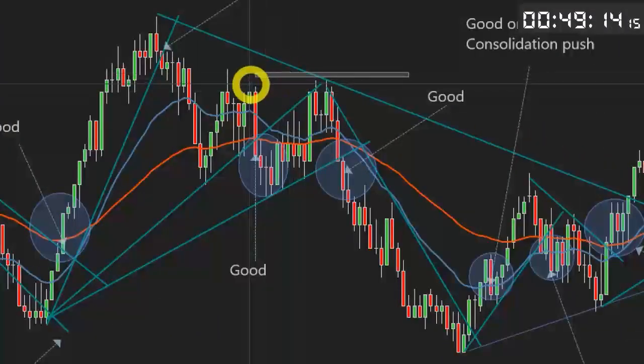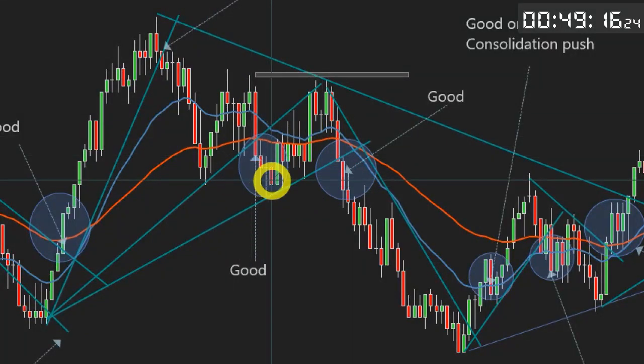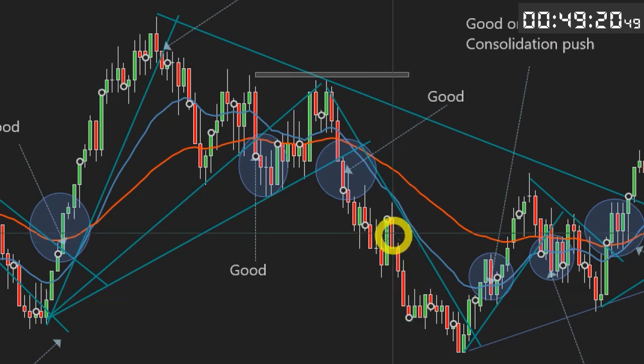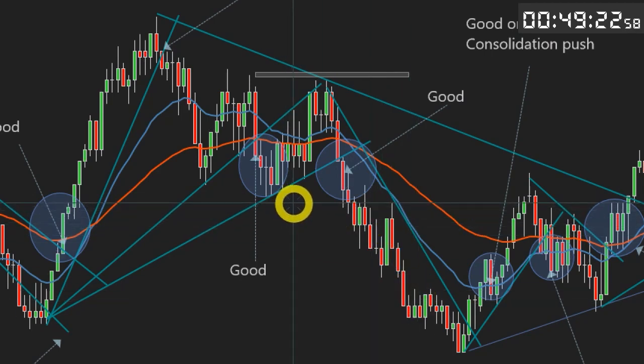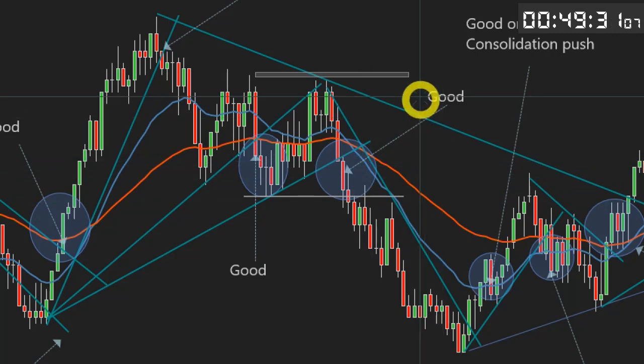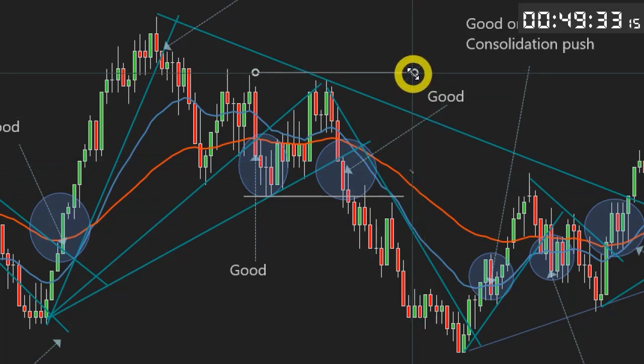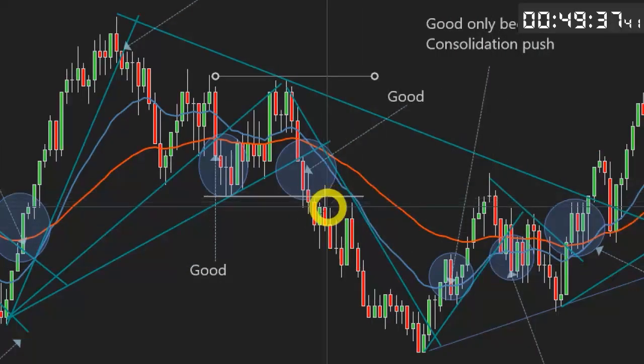Here we see it going back down to support, and this little red candle consolidates for the push. And it's tricky because it comes right back up and does a little whip up. If you get in somewhere here, more than likely if you're tight on these momentum plays, you've got to be tight with your stop. More than likely that's a stop out for break even or something on that.